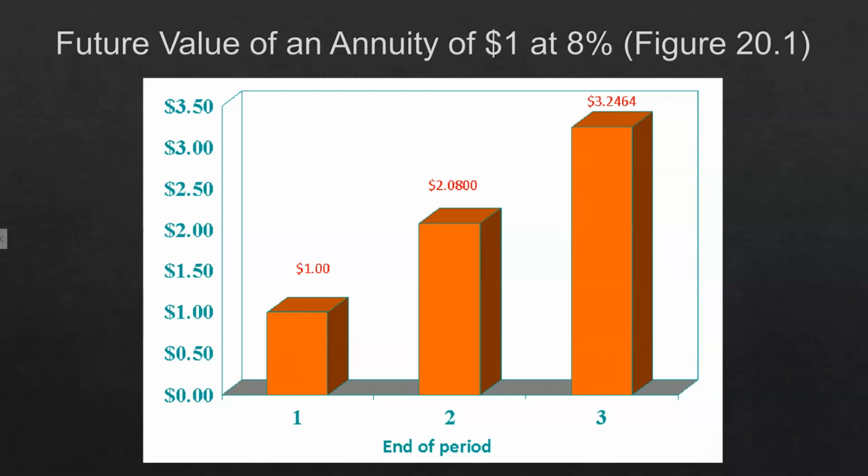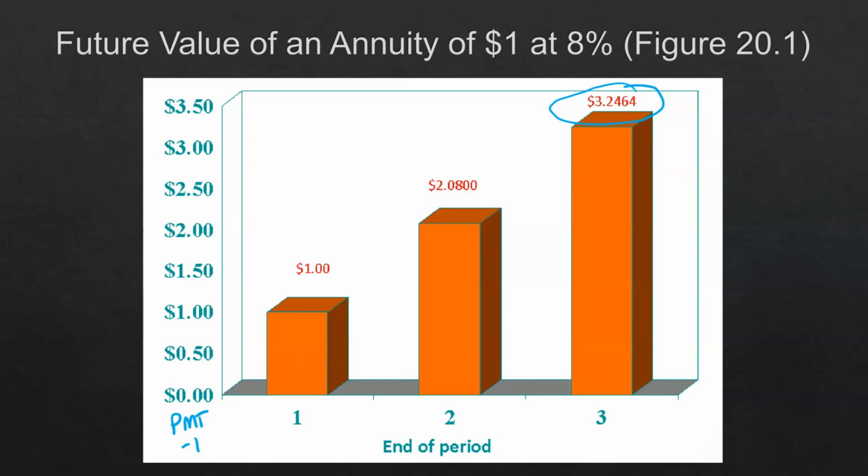For payment, you would put in $1 each payment, and at the end your future value would end up at $3.25 if you round it.